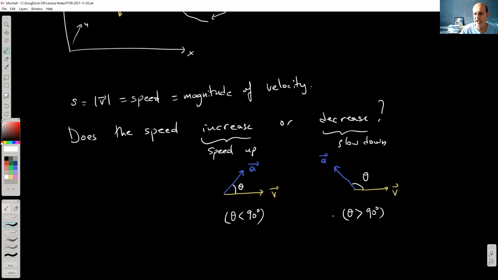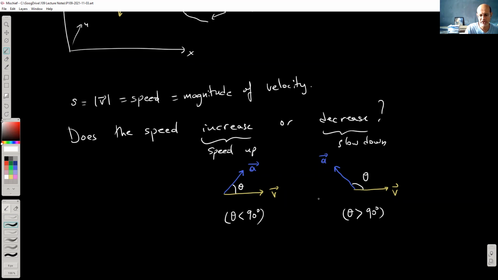Basically, if the acceleration has a positive component along the velocity direction, then in one-dimensional motion, this corresponds to both acceleration and velocity being parallel to each other. This corresponds to speeding up. And if the acceleration has a negative component, opposite to the velocity, in that case it slows down, right?